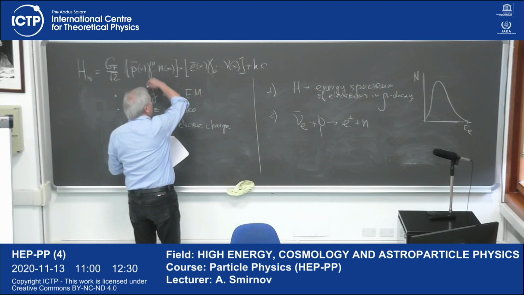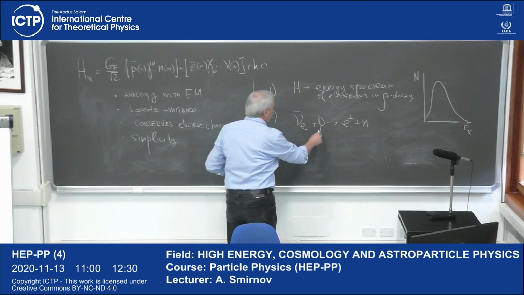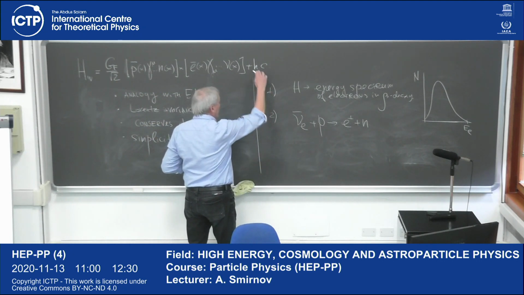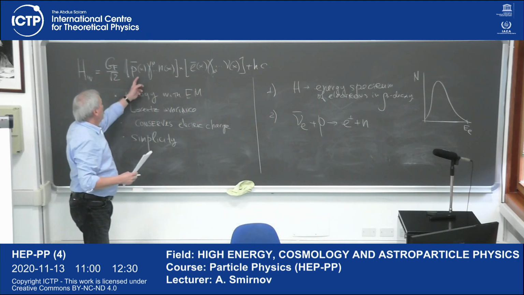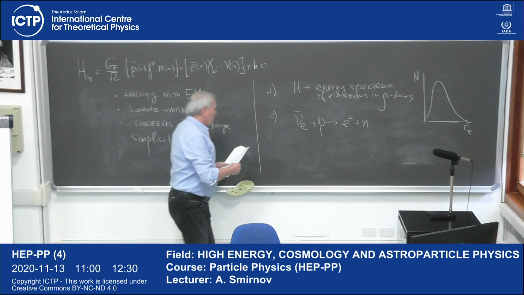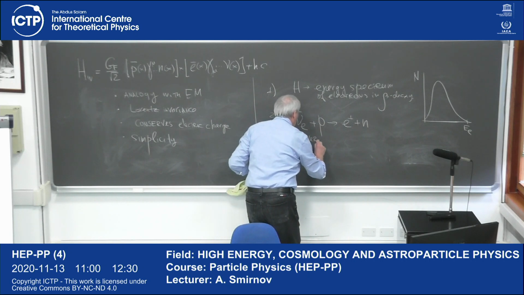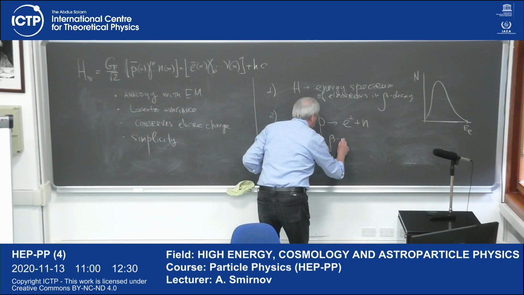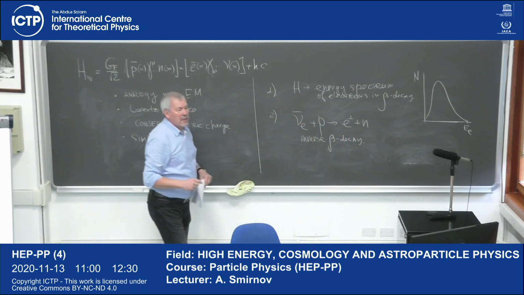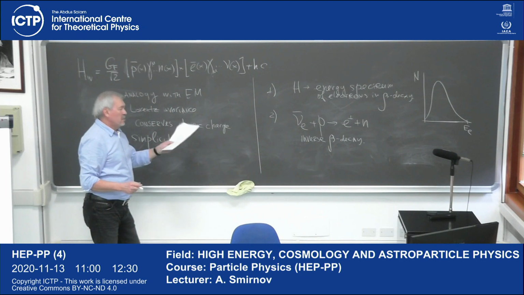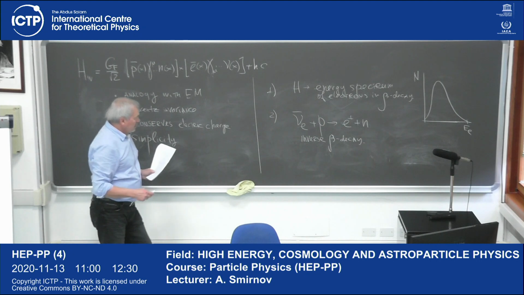You just put fields in the initial or final state, changing this arrangement. Actually, this process comes from the Hermitian conjugate, because here the proton is absorbed, and there the proton is emitted. So this process is called inverse beta decay. A very important process, and even now we are studying it in detail and using it in many cases.